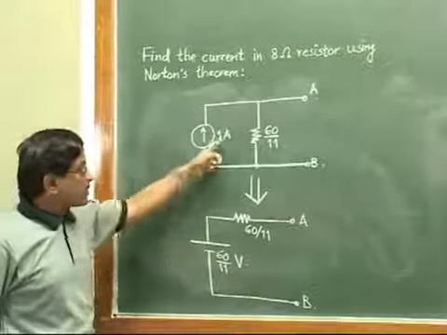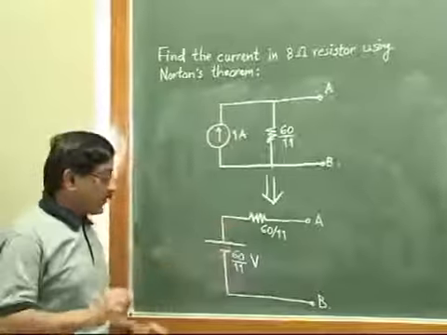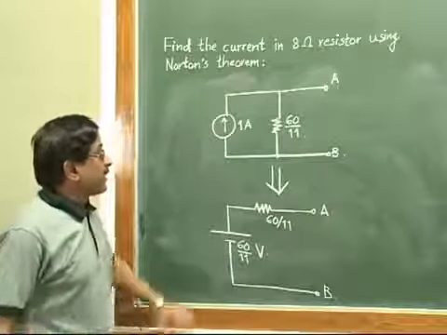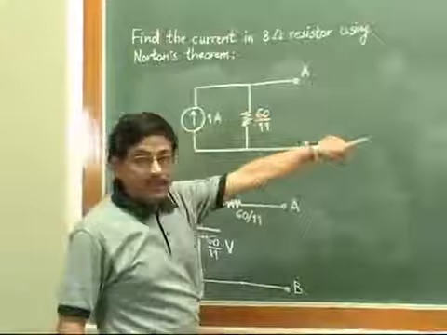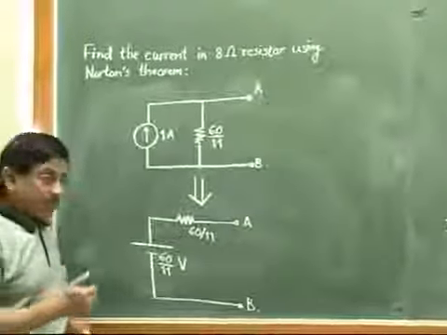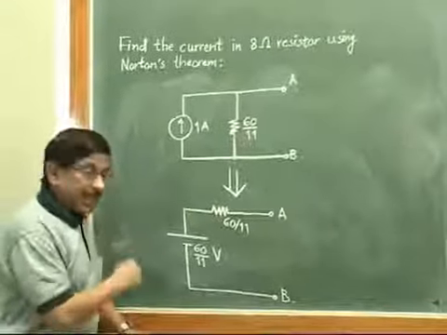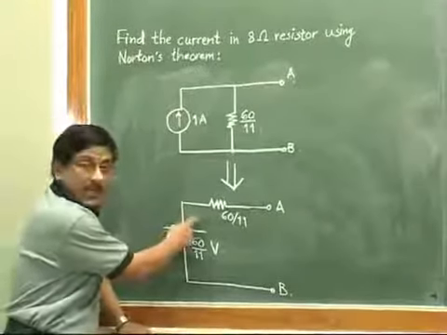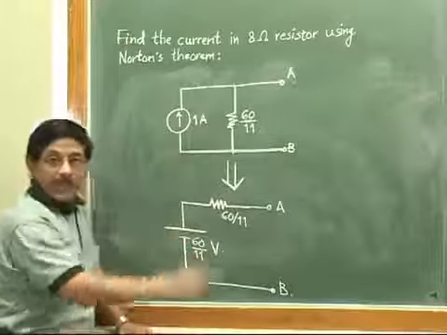Now if you look at this, all these values that we have got, we will find one thing, that this was our Norton's equivalent circuit. Now if you check the solution with Thevenin's theorem, we will find that this was the equivalent circuit that we got in the Thevenin's theorem.